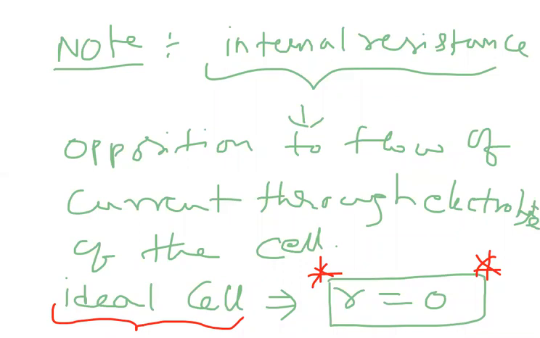If they mention an ideal cell in a problem, you have to take the small r value as 0.